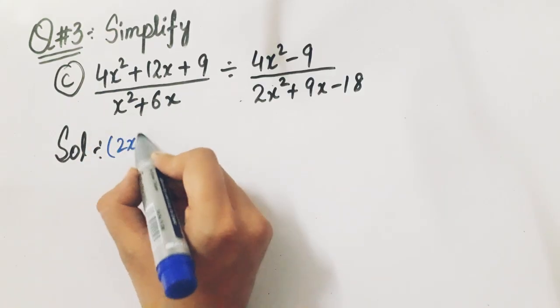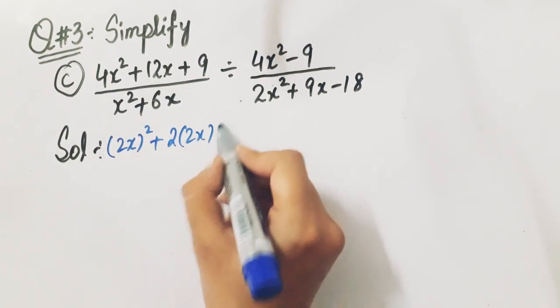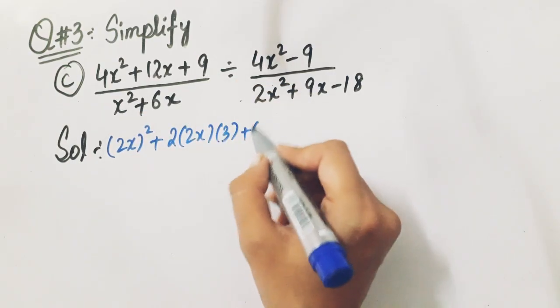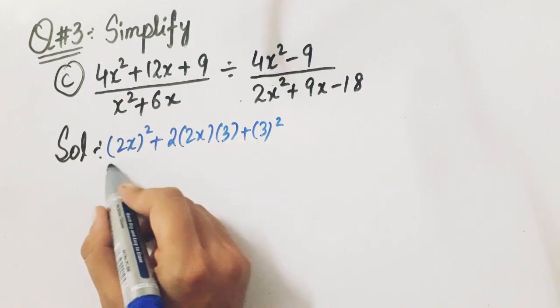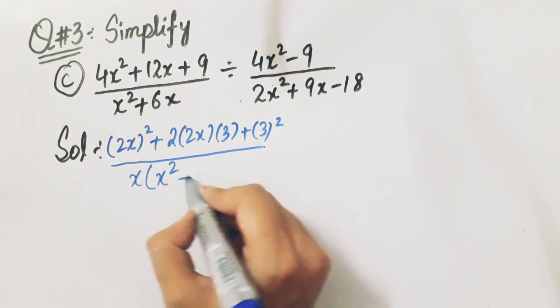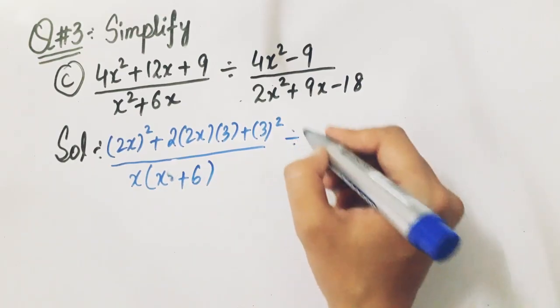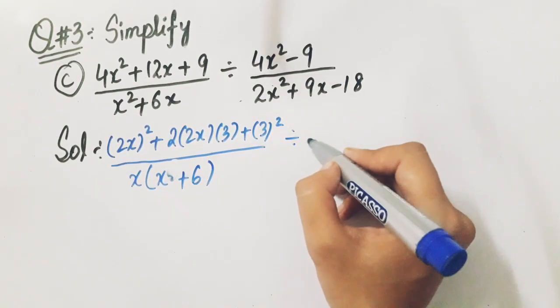4x square is the square of 2x, and the middle term can be written as 2 into 2x into 3, and 9 is the square of 3. In the denominator you can take x as common, so x, x plus 6, and here you can apply the formula.